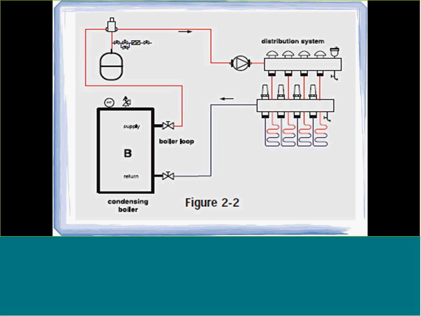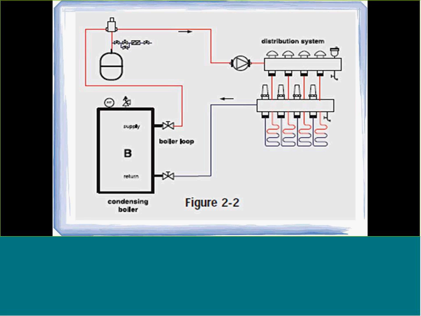If we get a condensing boiler in a system, condensing boilers condense best with cool return water temperatures. That condensing boiler is capable of, say, 180-degree outlet water temperature from the boiler.